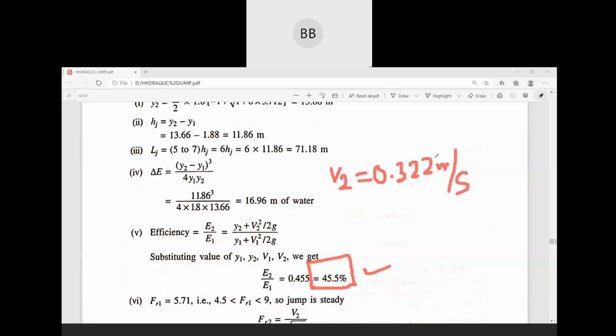Yeah, 0.32 is too less, I think. Let's see. So how much did you get for the efficiency? 43.75. Okay, fine. 45.5%. Very good.